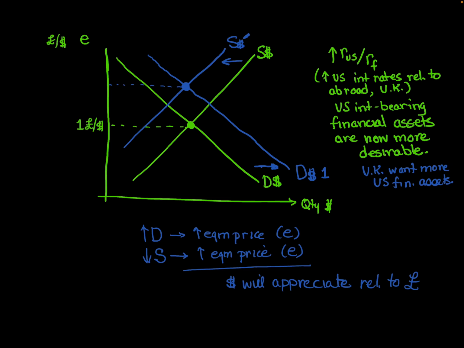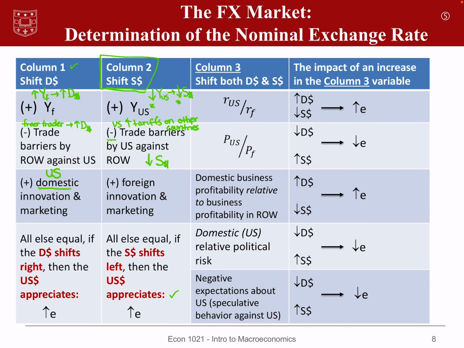And so this might be, again, 1.25, say, pounds per dollar. So what can we conclude? And we'll come back to this at the very end of this. We can conclude that when we have higher US relative interest rates, then we would expect to see the value of the dollar appreciate.